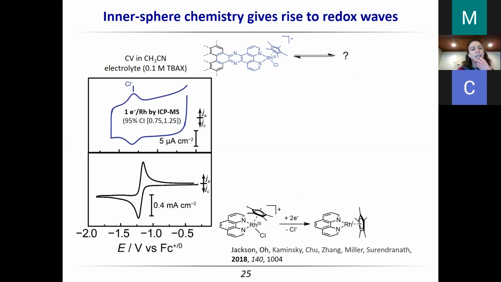So we looked at the stoichiometry of this reaction. We correlated the rhodium on the surface of the electrode to the charge in the wave. And the first thing we noted is that this redox process for the graphite conjugated system appears to be a 1-electron process, not a 2-electron process. So that was the first key difference.